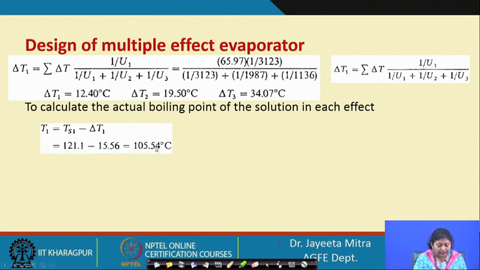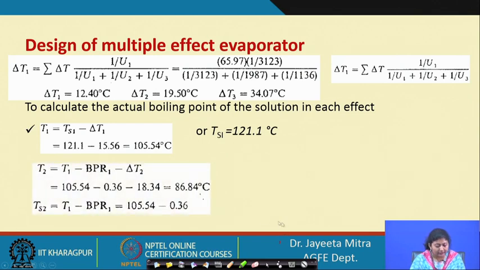How have we calculated 15.56? Here delta T2 is 12.4, 19.5 and delta T3 has come as 34.07. However, after the first trial we considered that we are getting a higher temperature difference in the first effect, so we have increased this a bit proportionately and reduced the other temperature drops, delta T2 and delta T3. So, here T1 is 105.54.